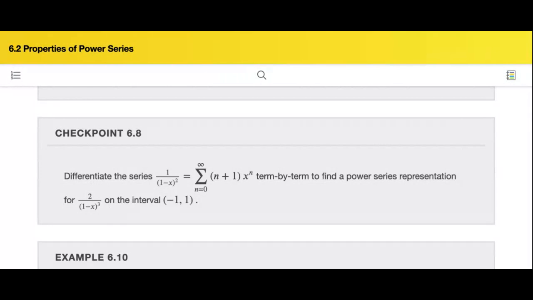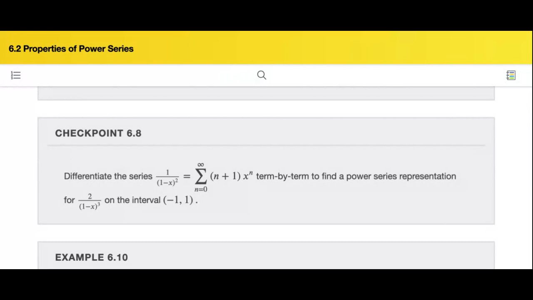When n is 1, bingo, it works. So the representation is the infinite sum of (n plus 1) times (n plus 2), x raised to n, with n starting from 0 to infinity.